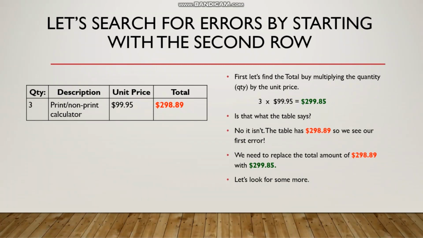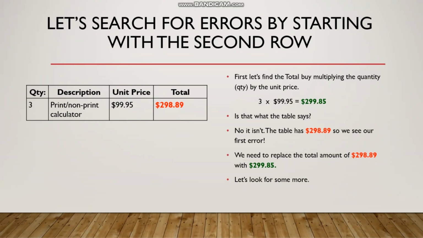Let's look to the right of the video. Let's try to find the total ourselves by multiplying the quantity of calculators by the unit price of the calculators. If you guys do this, you'll see that the total is different.